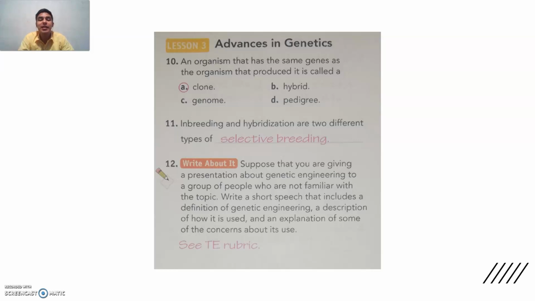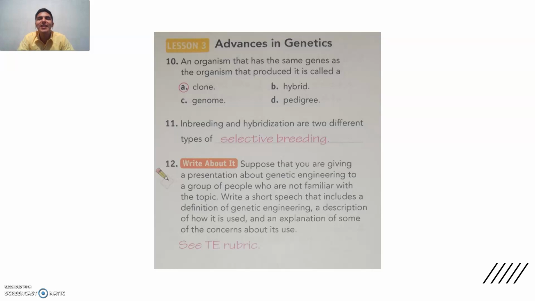We can use genetic engineering to clone certain animals as well. And lastly, we can use genetic engineering to track certain diseases, for example Down syndrome, or we can talk about sickle cells as well. That'll be the definition.